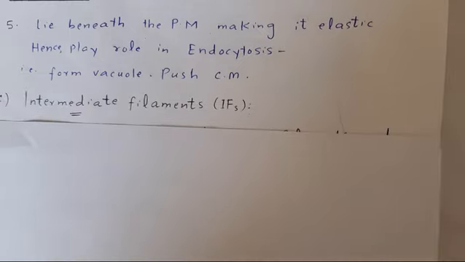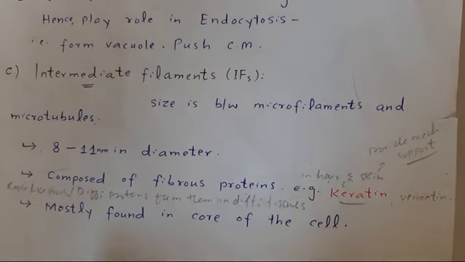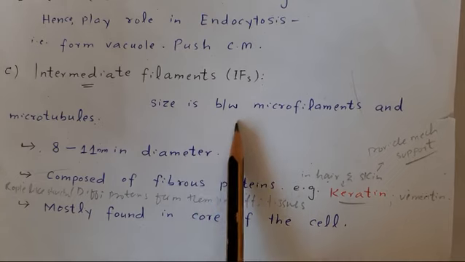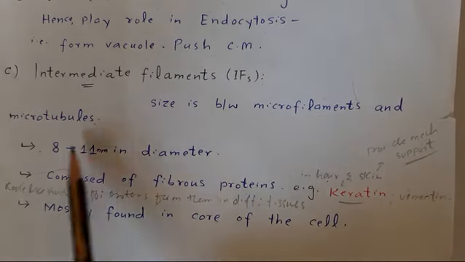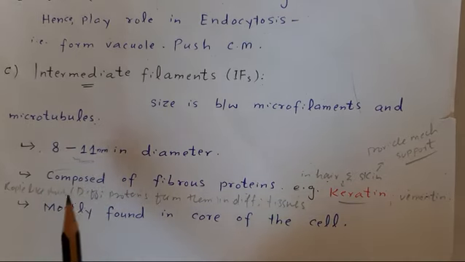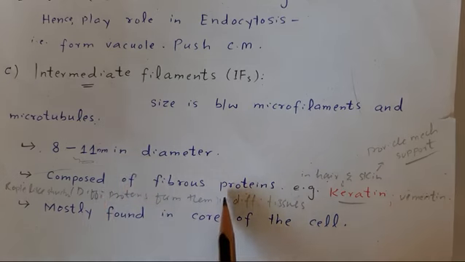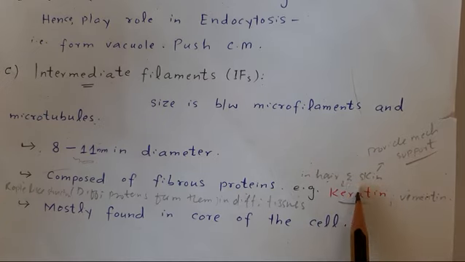The third type of cytoskeleton protein fibers are intermediate filaments. As they are intermediate, their size is between microfilaments and microtubules, that is 8 to 11 nanometer in diameter. They are composed of fibrous proteins, for example keratin, which is found in hair and skin, mostly found in the core center of the cell.